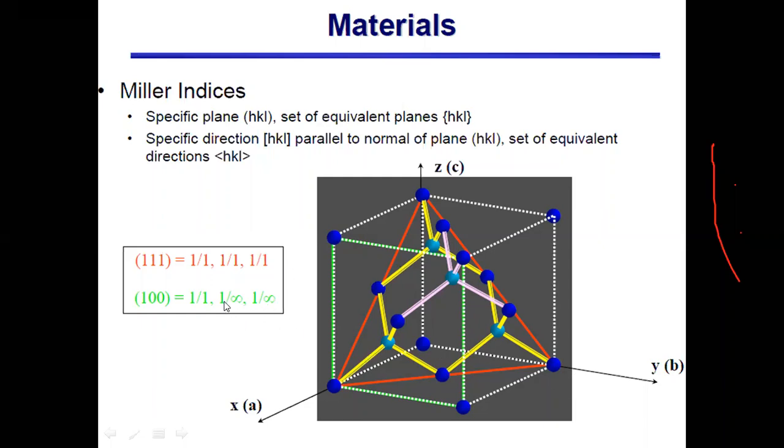The reciprocal of infinity is 1 over infinity, which is 0, and similarly for the z-axis. So the Miller index for x-axis is 1, for y-axis it is 0, and for z-axis it is 0. So the Miller index for this plane is 1, 0, 0.